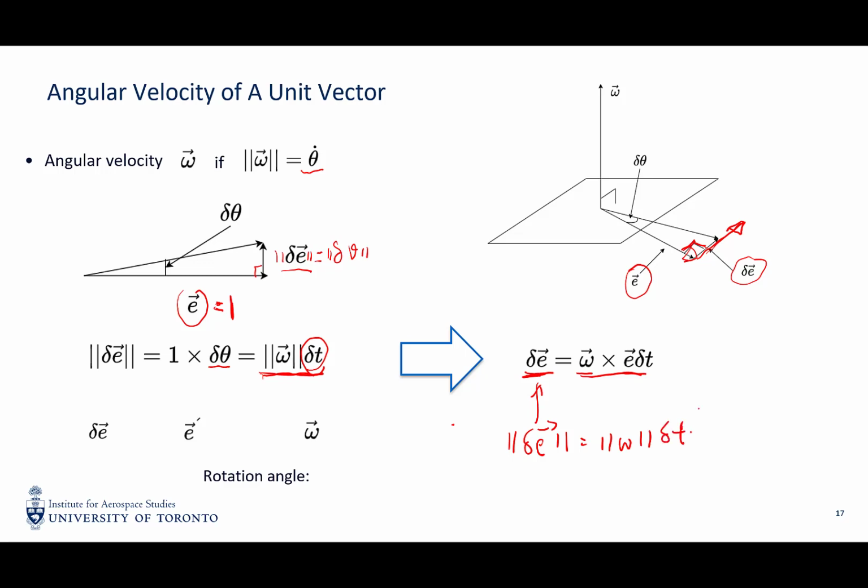So by doing this analysis, we can immediately see that if we have our angular velocity, omega, and we have a unit vector that rotates around this omega, then the infinitesimal increment of this unit vector is the cross product between these two. And of course, times the infinitesimal time period.